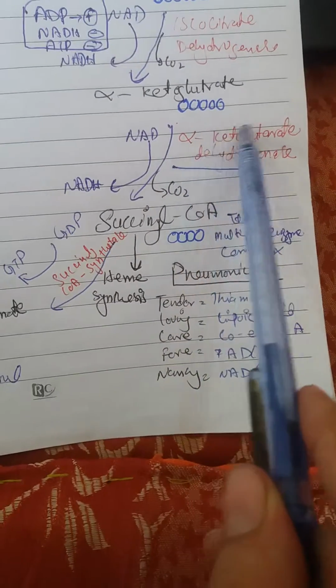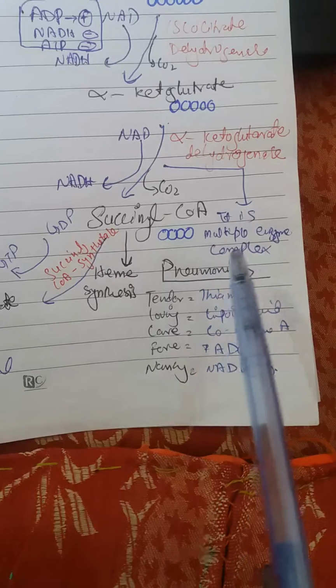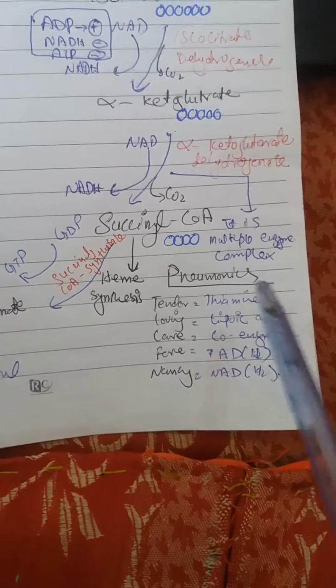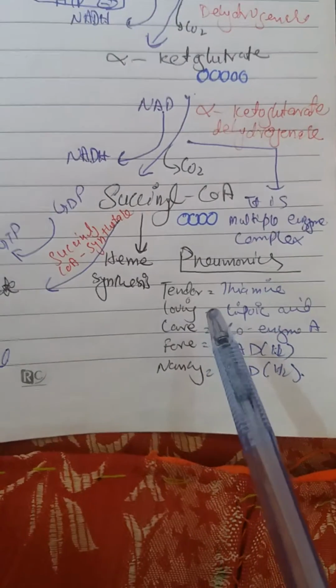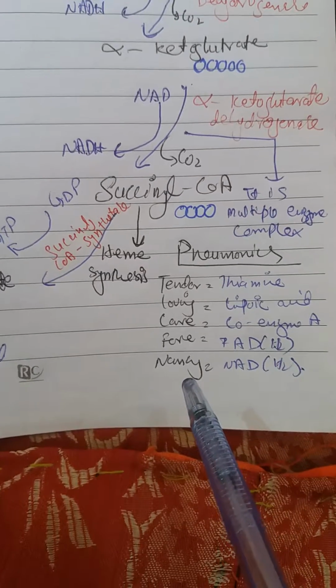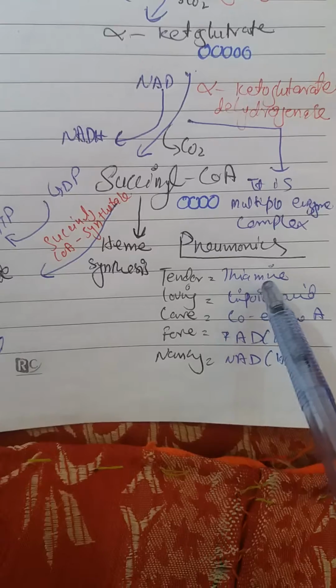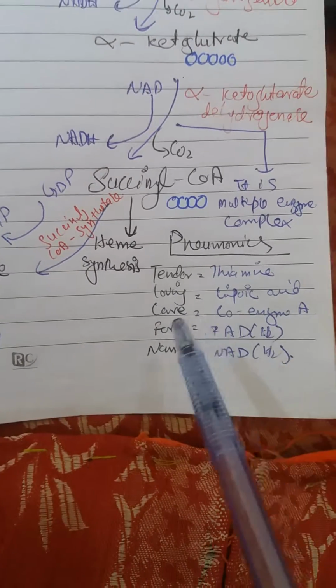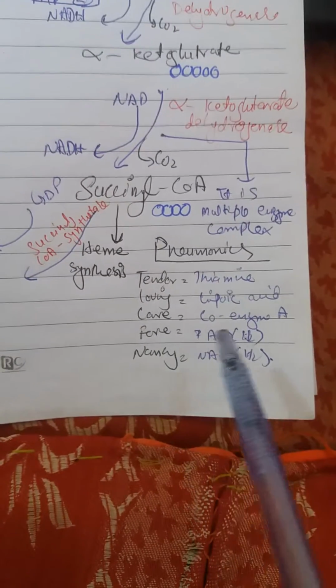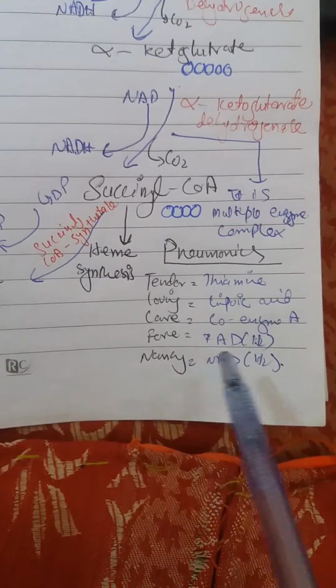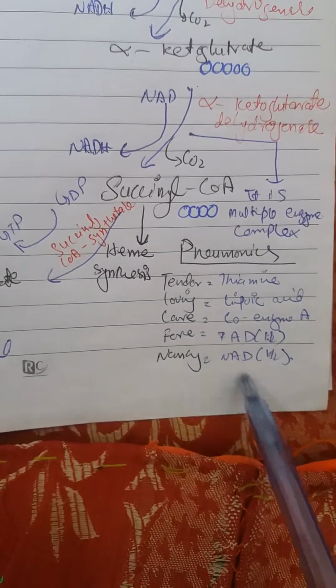The importance of this enzyme is that it is a multiple enzyme complex. For a mnemonic we have: tender loving care for Nancy. T means it requires thiamine, L for lipoic acid, C for coenzyme A, F for FAD and N for NAD.